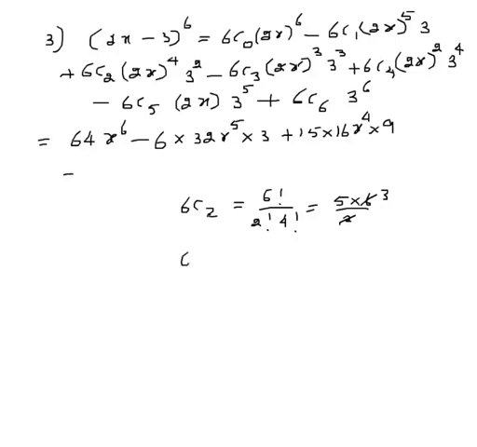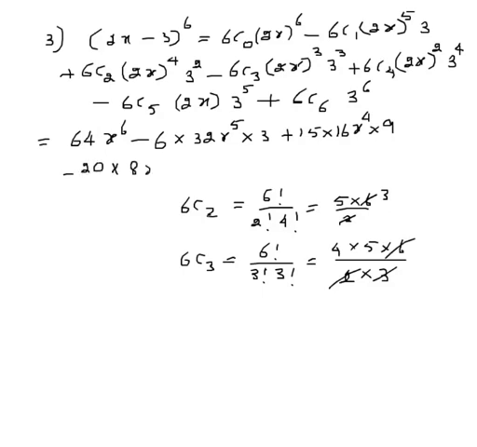Minus 6c3 is 6 factorial over 3 factorial times 3 factorial. Cancel 3 factorial. 4, 5, 6 divided by 2 into 3, which is 20. 2 cube is 8. x cube. 3 cube is 27.